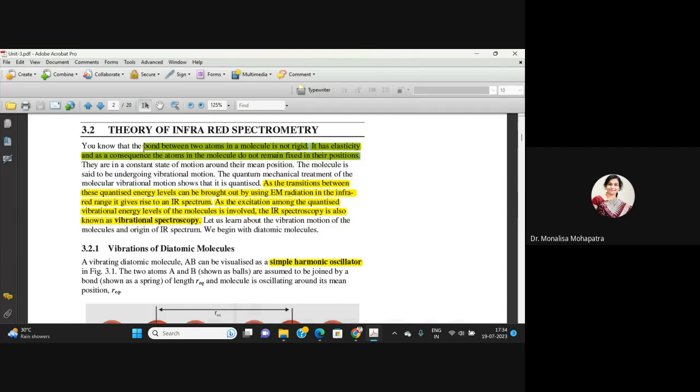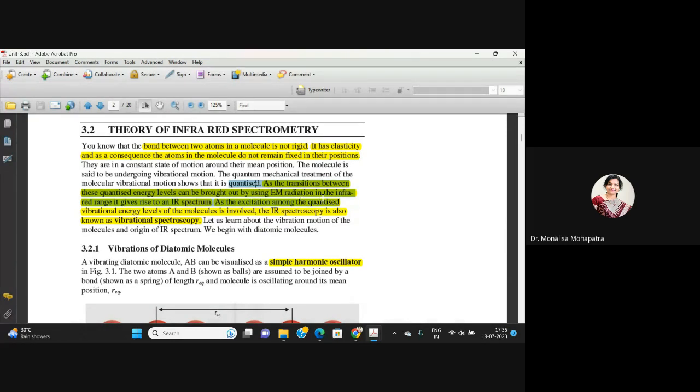They are just moving, not fixed at their position. The transitions between these quantized energy levels can be brought about by using electromagnetic radiation in the infrared range, and it gives rise to an IR spectrum.